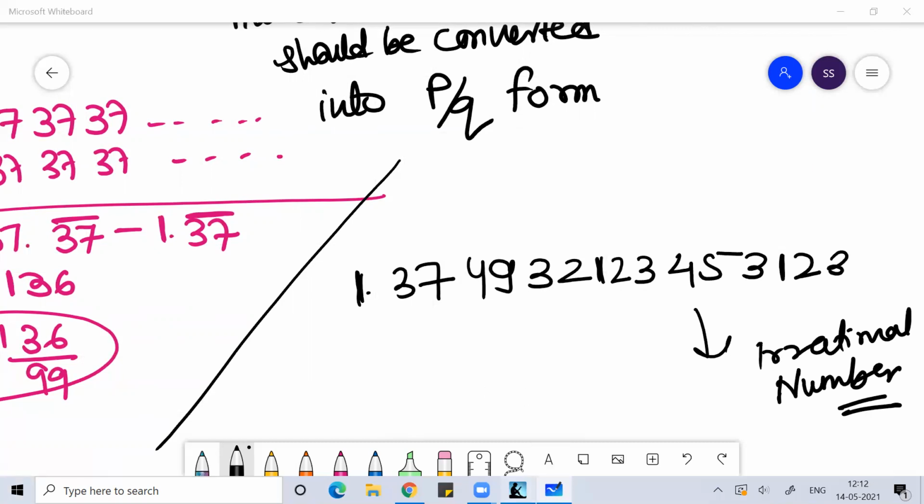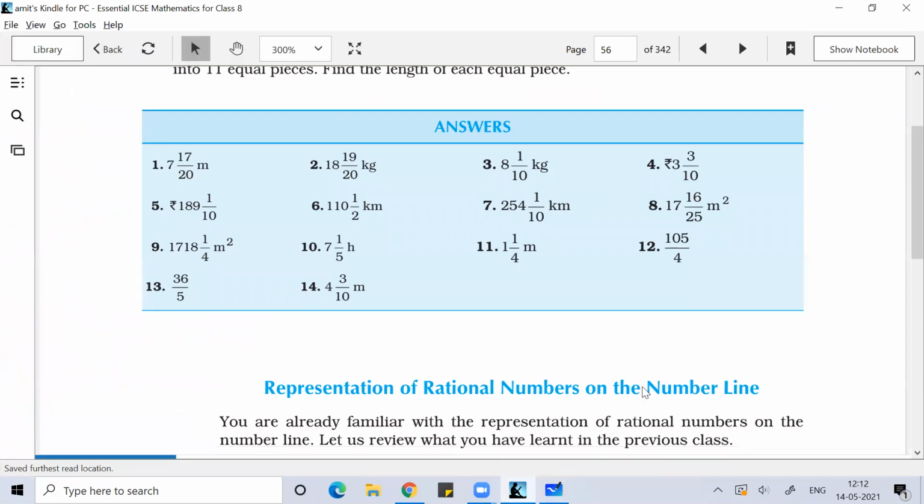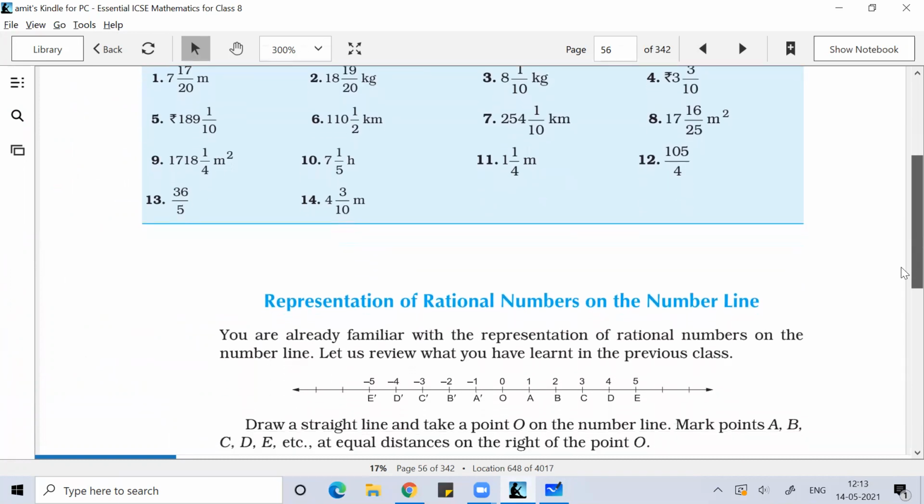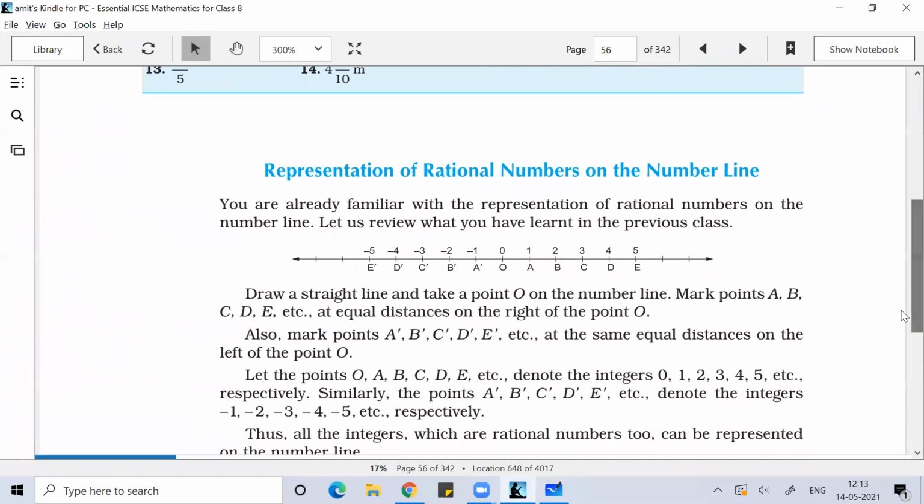Now coming back to the representation of rational numbers on the number line, because we are talking about real numbers and real numbers can be expressed on a number line. Okay, so you know about the number line. You can see a number line here, for example.